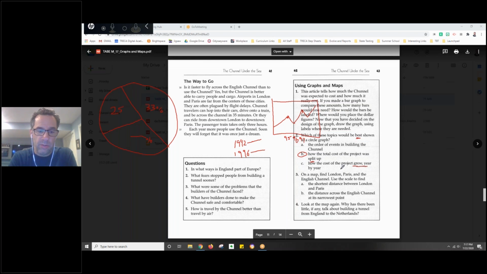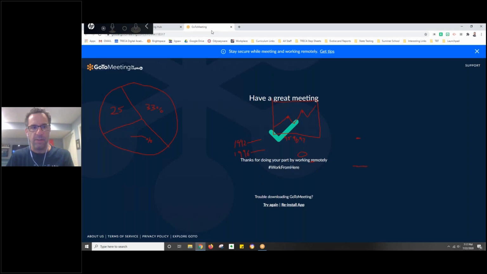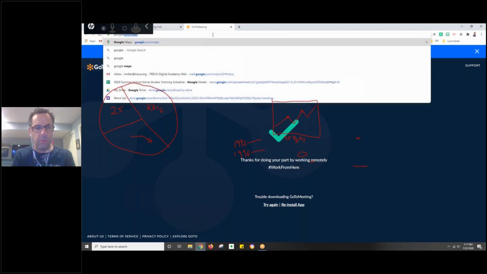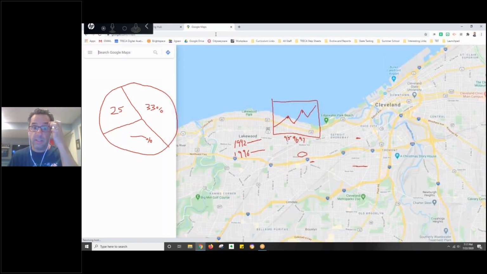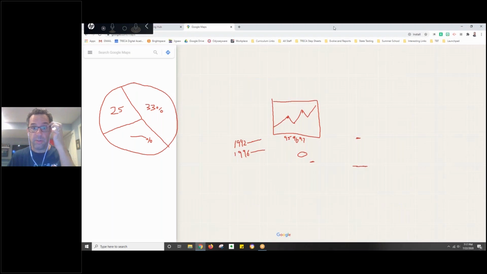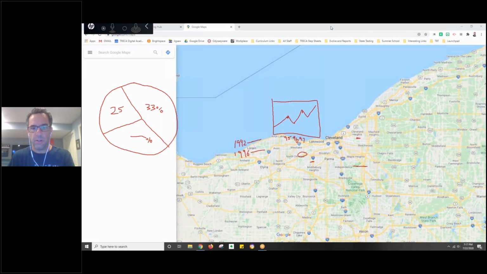And then you can look at a map again. You know, let's see. I bet you we can find it here on our own, right? If we do Google and then we scroll out, let's get rid of our tool here.